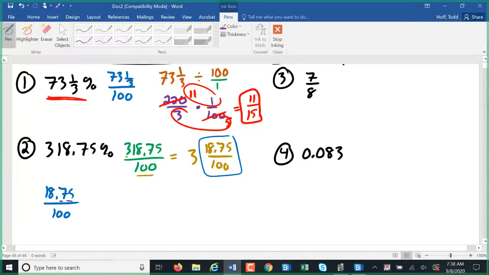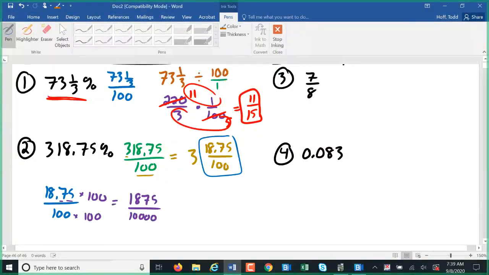There's 2 decimal places, so that means if I multiply by 100, it'll get rid of them. If there was only 1 decimal place, of course, you could have multiplied by 10. 3 decimal places, you would have to multiply by 1,000, and so on. So 18.75 times 100 is 1,875. 100 times 100 is 10,000.